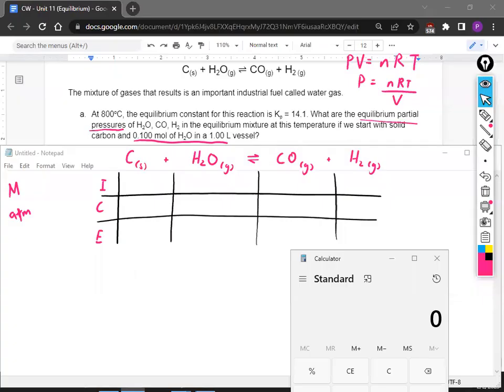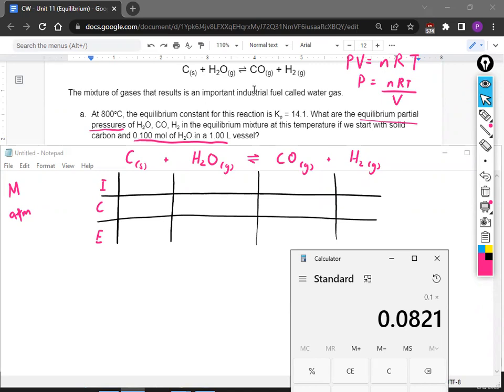Alrighty, guys. So we are going to use our 0.1 moles of H2O in order to find the partial pressure of water in this container. So we start with 0.1 moles, which is going to be our N right here. And then we're going to multiply it by the ideal gas constant, 0.0821, and then multiply it by 800, right?